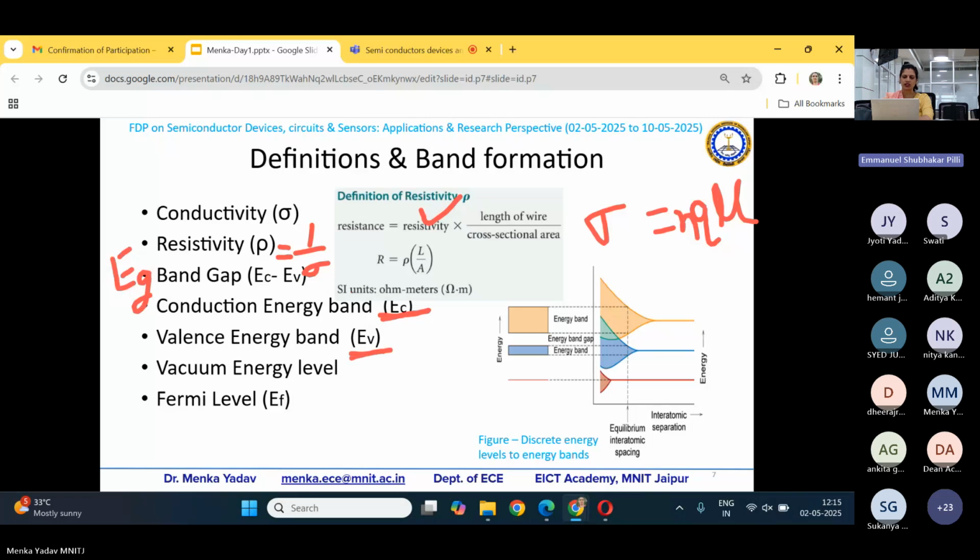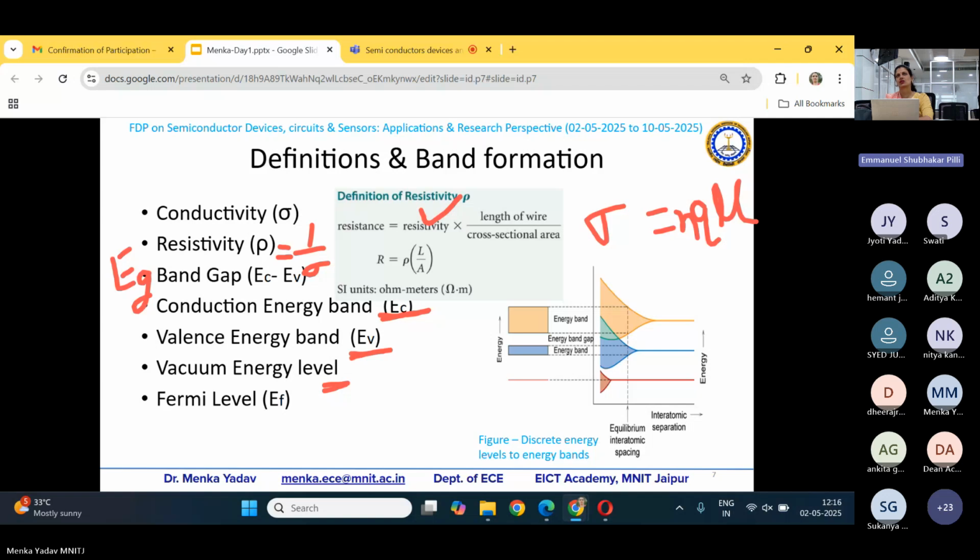We will come to this. And then there is the vacuum energy level, which is actually the free space energy level. And there is one thing called the Fermi level that is applicable to all the materials. Fermi level is the level where 50% probability of finding electrons or holes is going to exist. We call that the Fermi level, right?